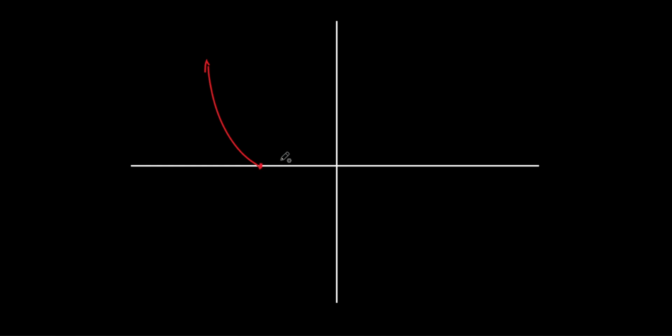I just want to look at the critical points. So it goes up like that. All right, so there's a graph. Crazy looking function. But what I want to look at is the critical points.